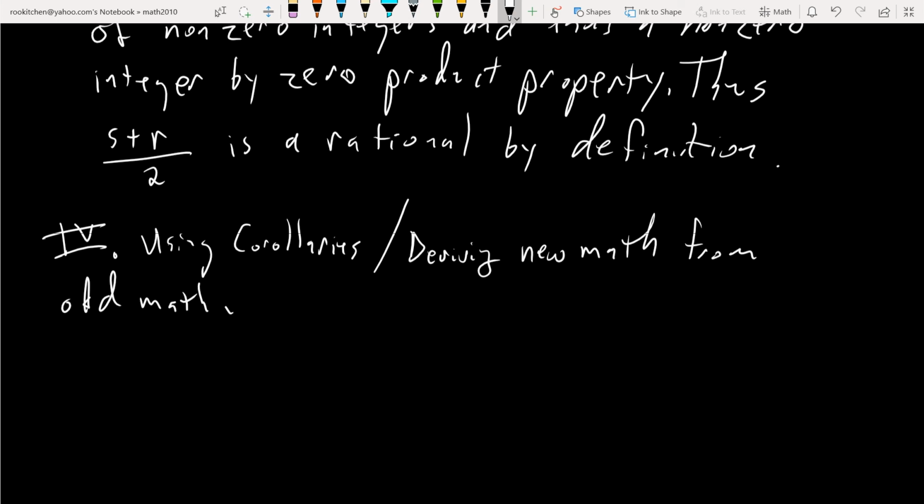Okay, so proving from definitions, you're truly just working from the ground up.